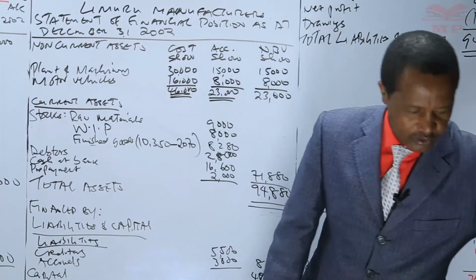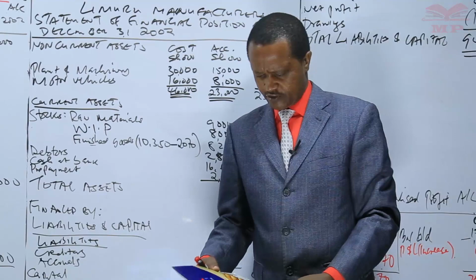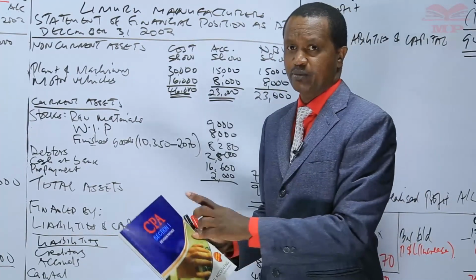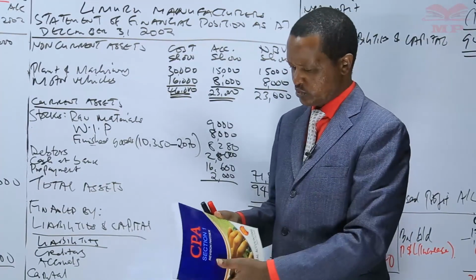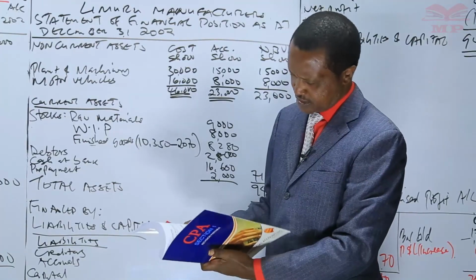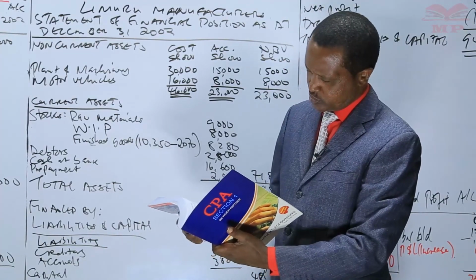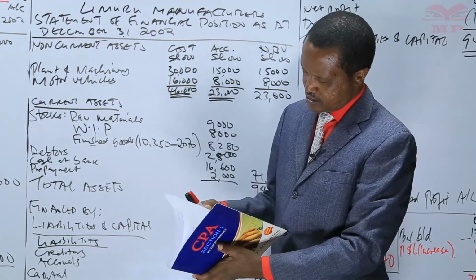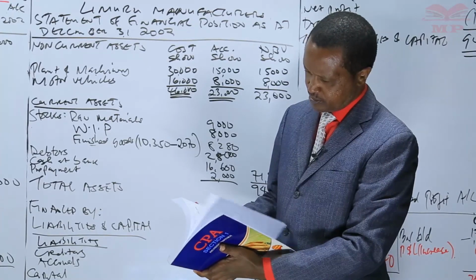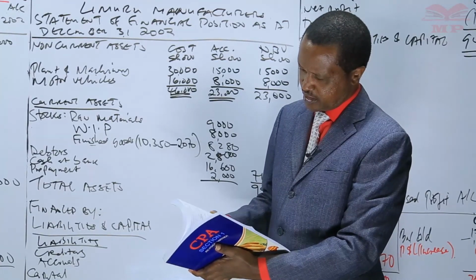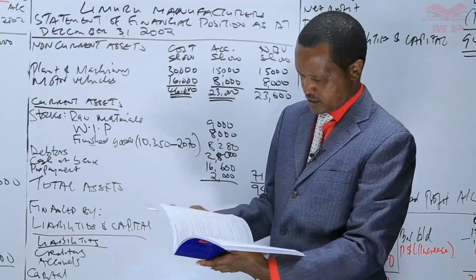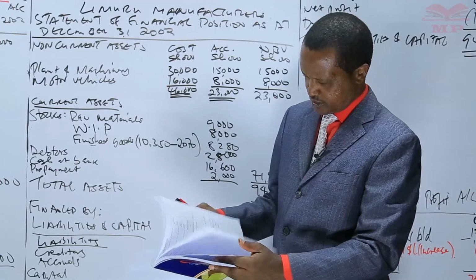For now, learners, I will send you to the financial accounting revision partner. We have very many questions here for your practice. Go to the topic on the financial statements of a manufacturing entity. There are enough questions for your practice.